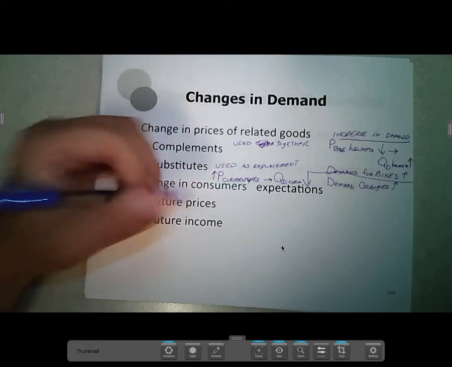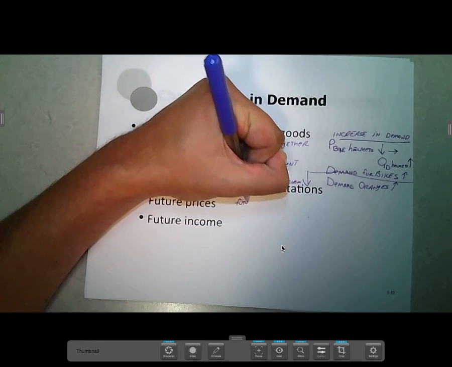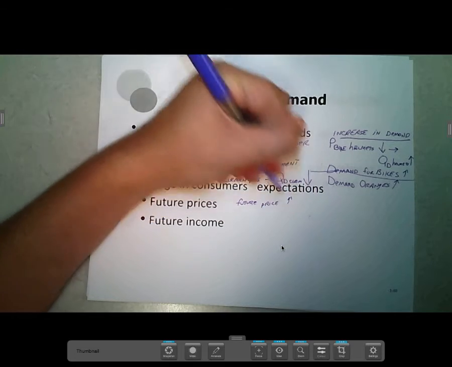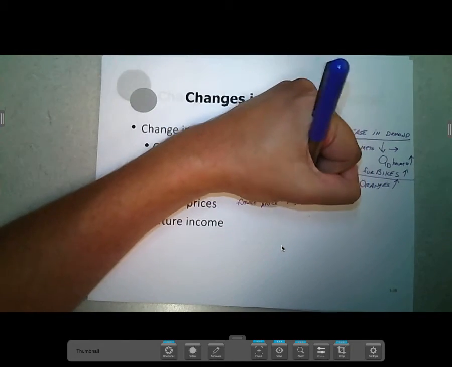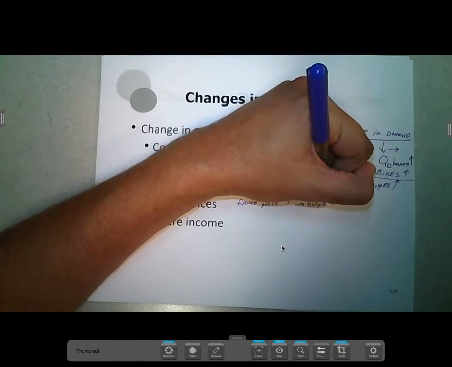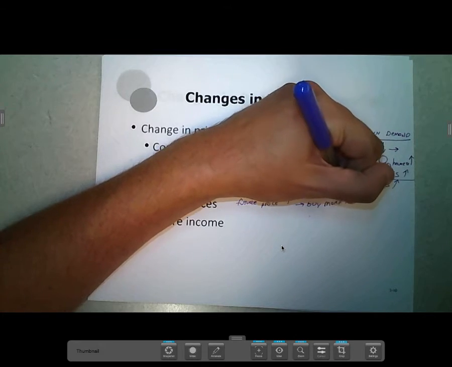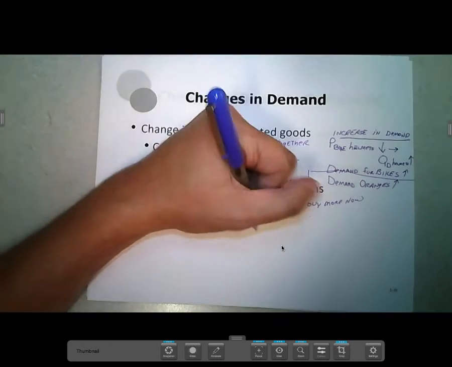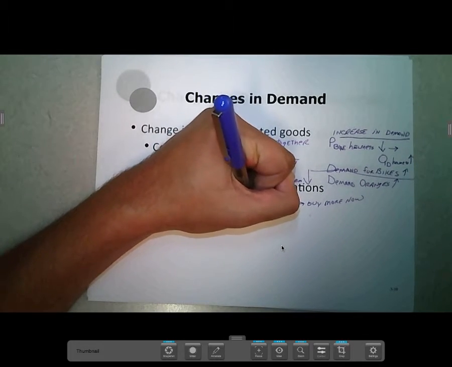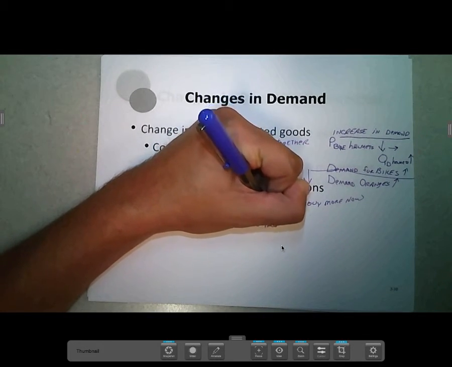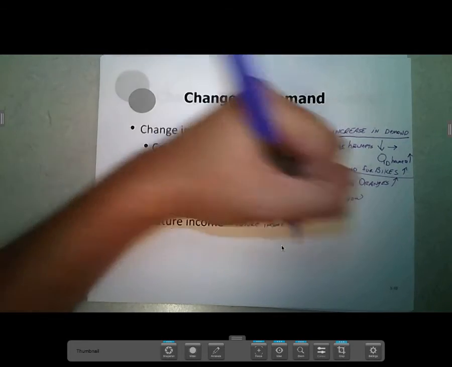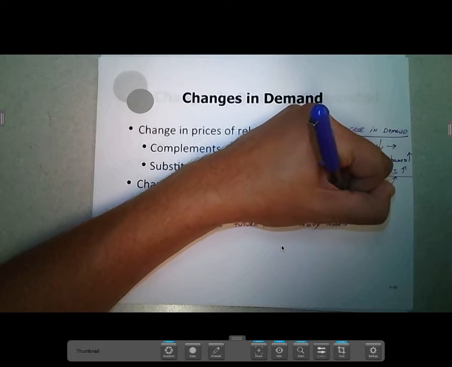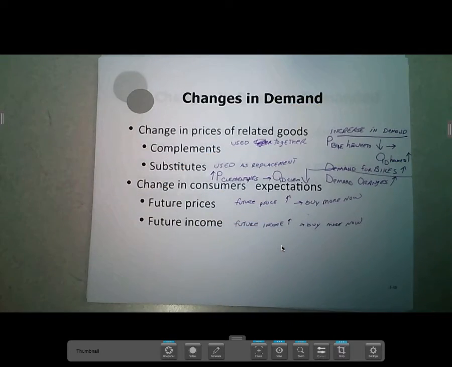If people think the future price will be higher, then they will buy more now. If they think their future income will be higher, they will also buy more now.